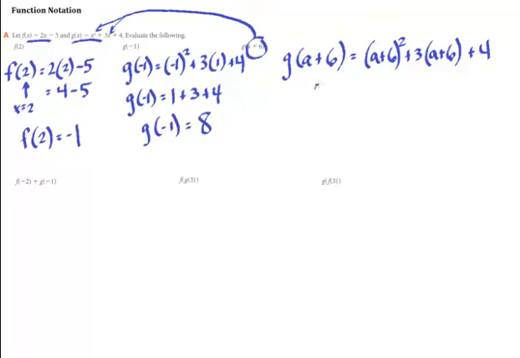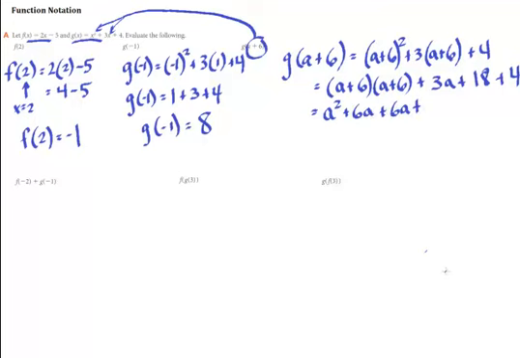And then I've got a little bit of algebra to compute because I need to do a plus 6 times a plus 6, and I've got to multiply all of that out. I'm going to go ahead and distribute here. 3a plus 18 plus 4. Working this one out, this is going to be a squared plus 6a plus 6a plus 36. I'll go ahead and combine those two guys.